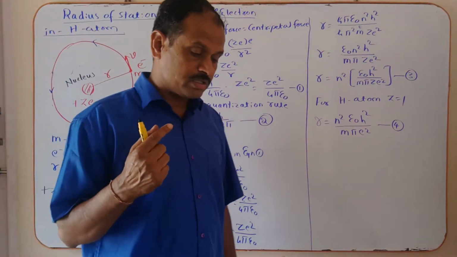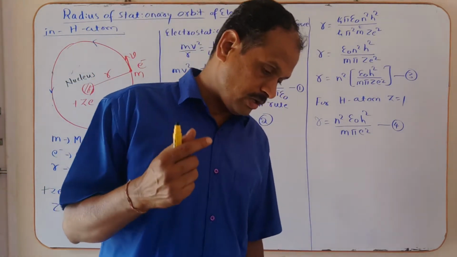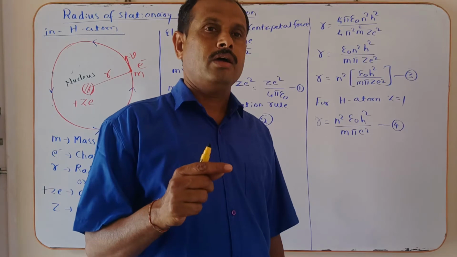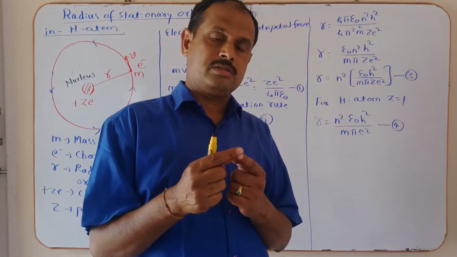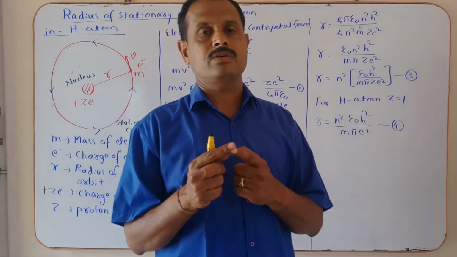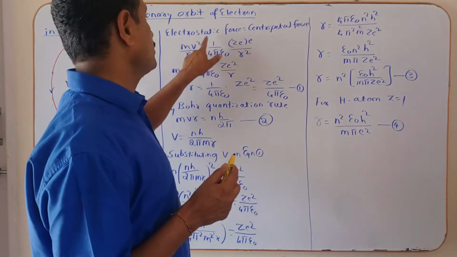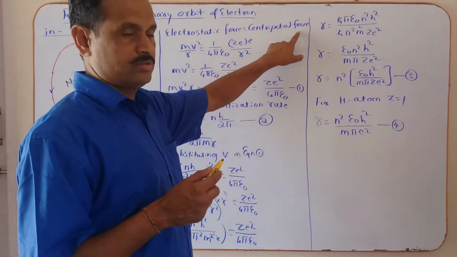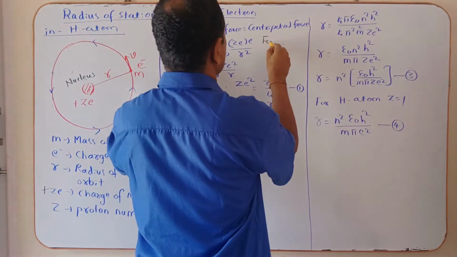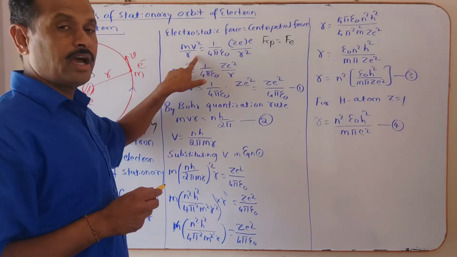And a very important concept from Rutherford: when the electron moves around the nucleus, the necessary centripetal force is provided by the electrostatic force of attraction between the nucleus and the electron. Therefore the electrostatic force is equal to the centripetal force. The centripetal force is mv square by r.